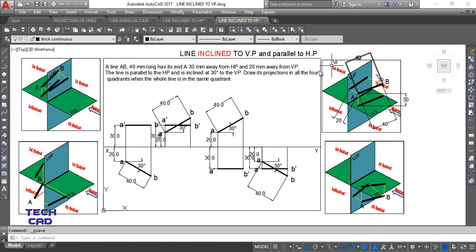So it is better to go to the imagination first, then start with the questions. I hope you understand this question. Today we discussed the line inclined to VP. In the next video we will understand when the line is perpendicular to HP and VP, and we will understand those questions properly. I hope you understand. Thank you very much.